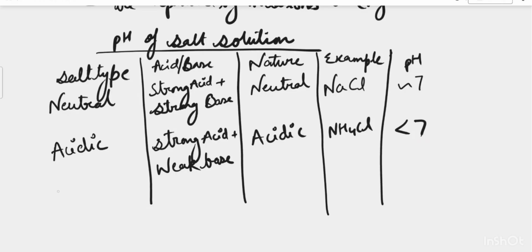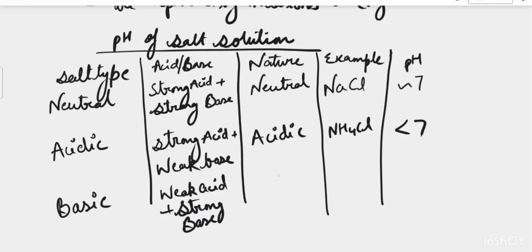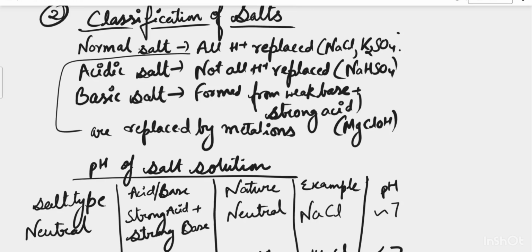Now basic. Weak acid plus strong base, it is basic in nature, and CH3COONa has pH greater than 7. Here we have made one mistake.